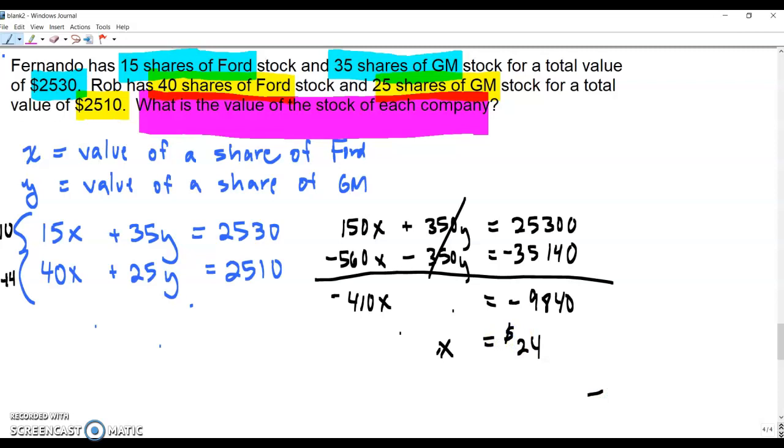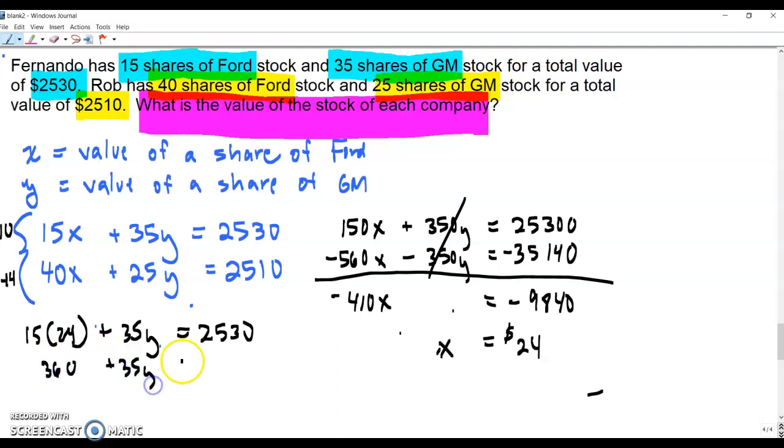To figure out GM, I would plug 24 in for X in one of my original equations. I'll choose the top. So 15 times 24 plus 35Y equals 2,530. 360 plus 35Y equals 2,530.